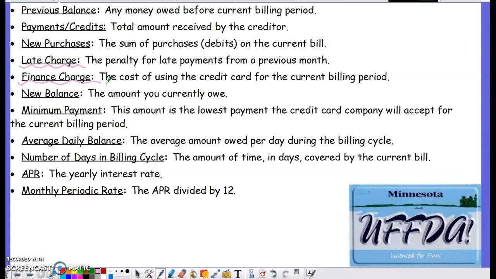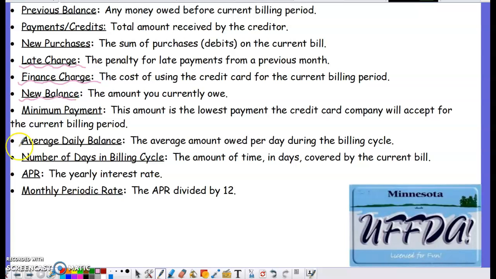And that's like that warm-up where we had to find our average daily balance. The new amount, what you currently owe, that's going to be listed on there. There's going to be a spot for minimum payment, because remember, you don't have to pay off your entire bill. A lot of times the minimum payment is something like $30. But if you only do the minimum payment, you're going to have to pay a finance charge.